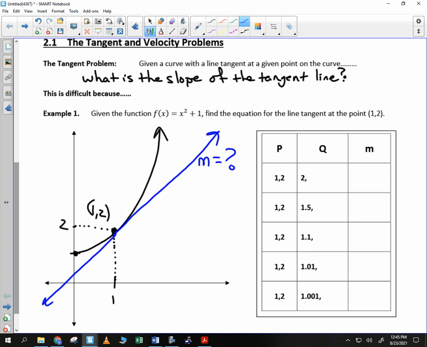And the reason why it's difficult is because there is only one point. You need 2 points for slope, don't you? So what is it if we have 1 point? That's tough.